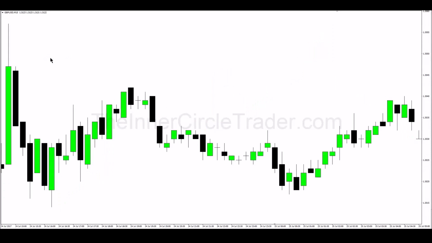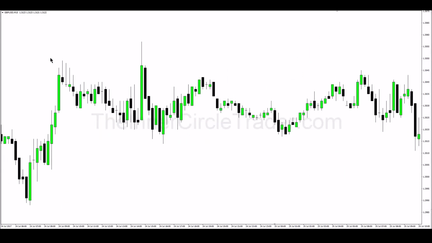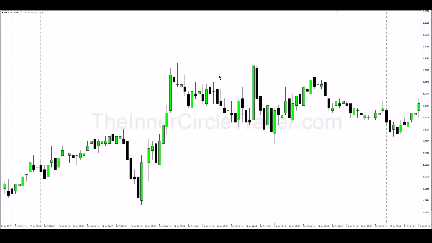Okay, and I'll just scrunch this up and put the day dividers in so you guys can see it. So previous day's high is right here. I'll put a horizontal line on the chart to facilitate that. Okay, so here's where the liquidity is.